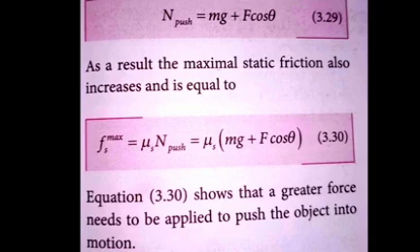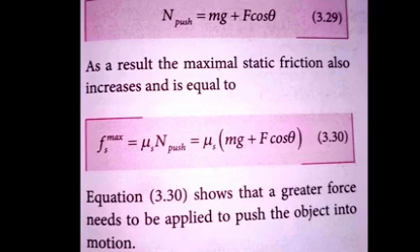So in this final equation, if we apply this much force, we require a greater force to push the object. So it is very difficult to push the object with greater force.